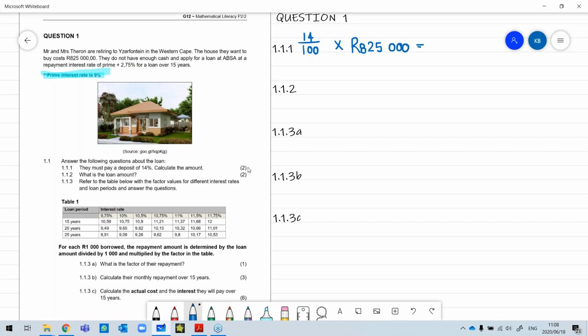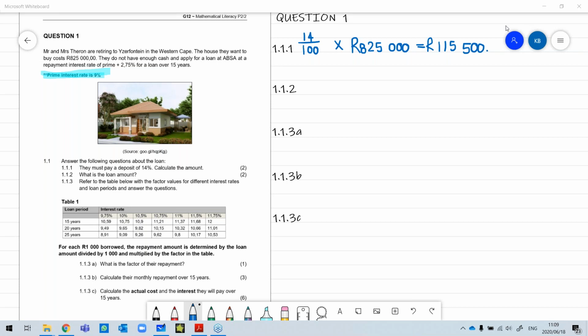So this is a simple, straightforward question, most likely some of the easiest ones that you will come across in this paper. So now if we type that into our calculator, we get an answer of 115,500.